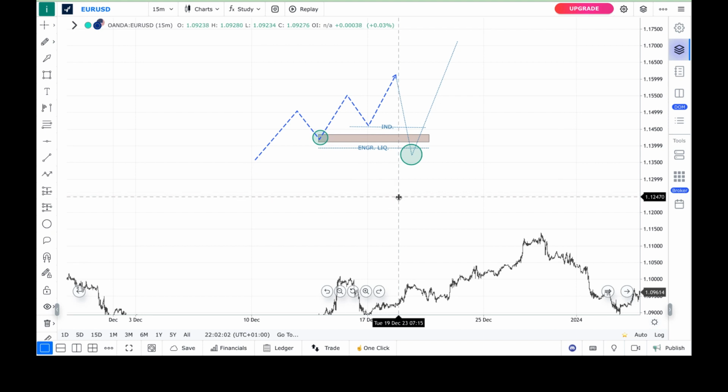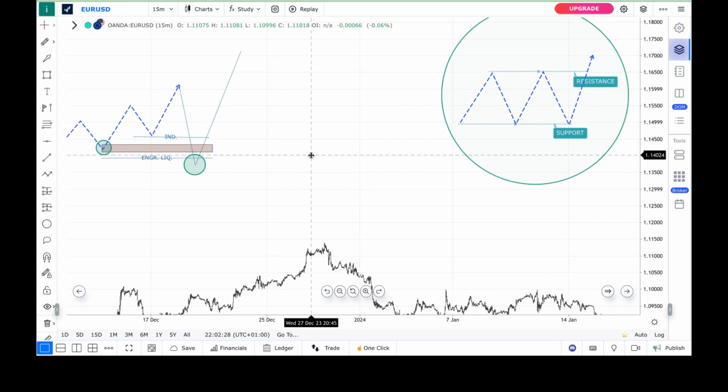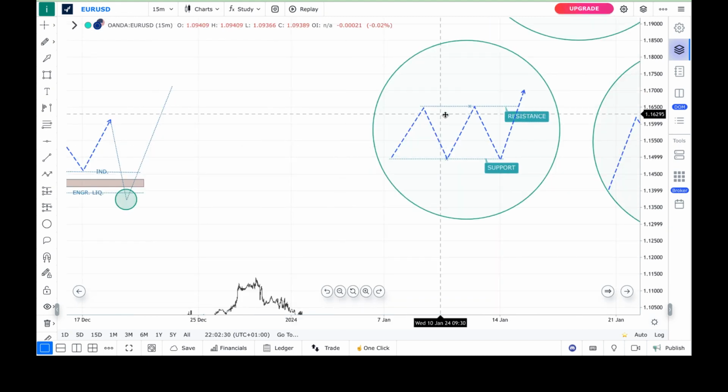So now let me show you some. We will dive into the live chart, and I will show you some examples of the liquidity I've talked about. Don't forget, we have the support and the resistance, just like I've shown here.